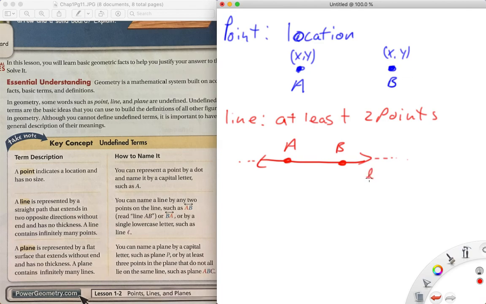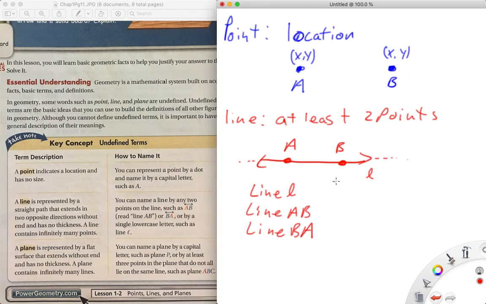There are a few ways to label this line. The first way is, if you notice there's a little lowercase l by the arrow, we can call it line L. We can also call it line AB. We can also call it line BA.